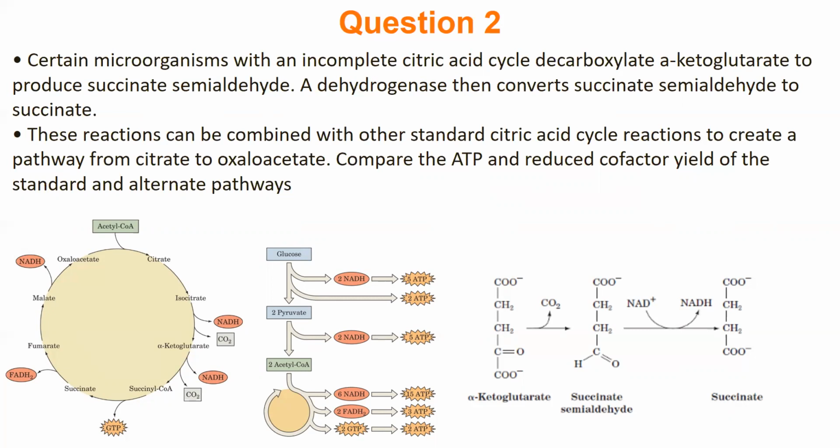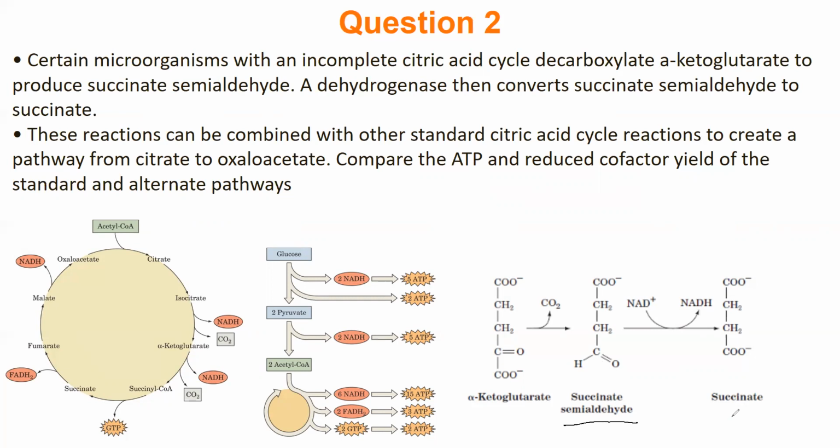So some microorganisms run it kind of incomplete, where you create alpha-ketoglutarate, and then instead of going to succinyl-CoA, you make what's called succinate semialdehyde, as shown here. So this is the reaction some organisms do. From there, you can make succinate, no problem.